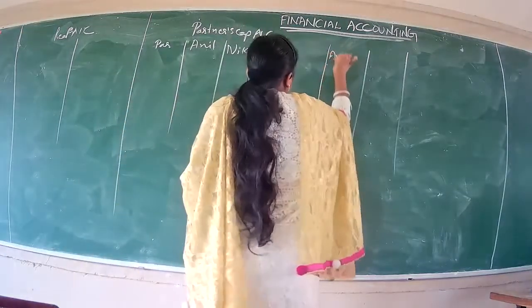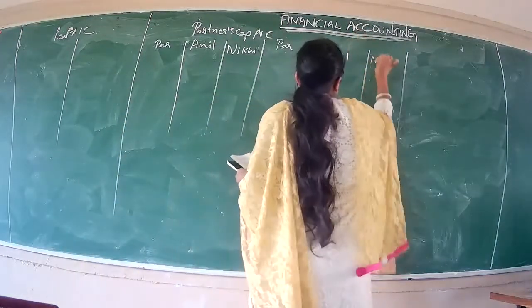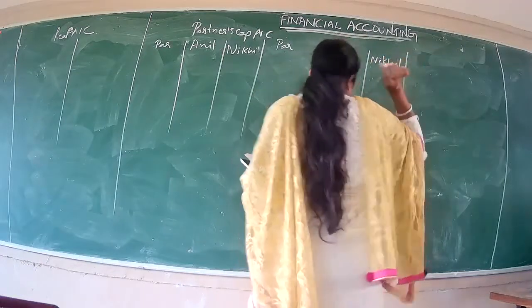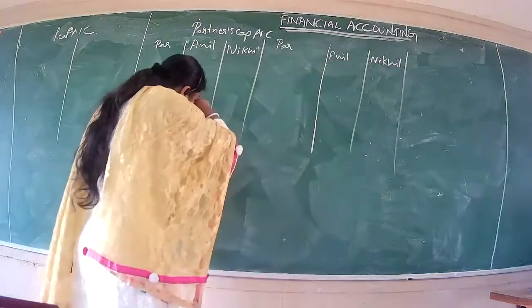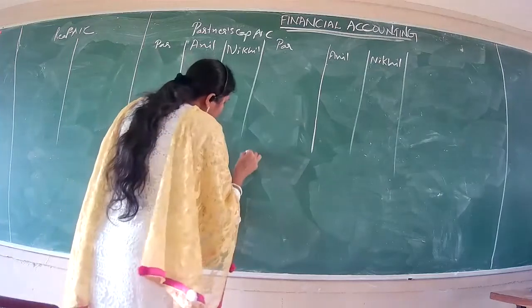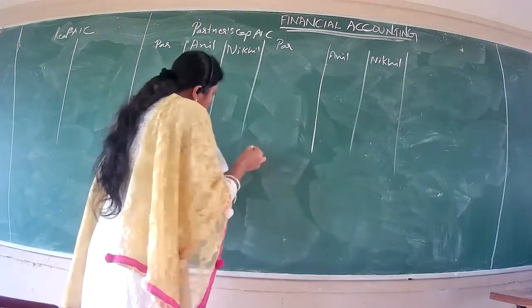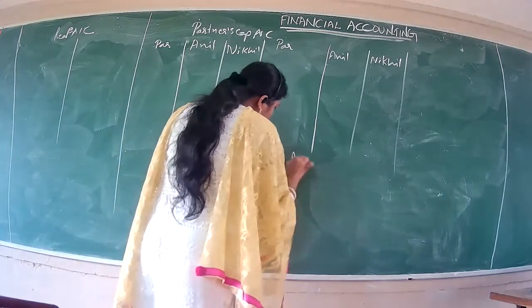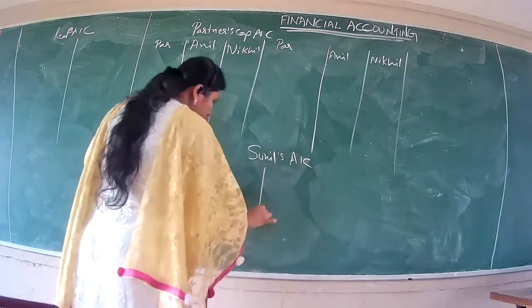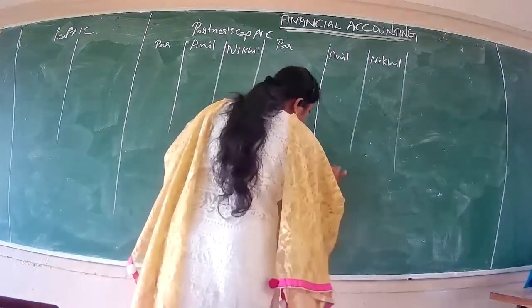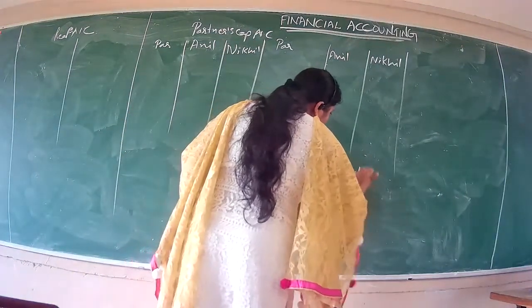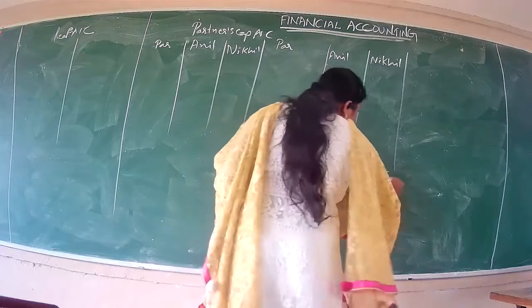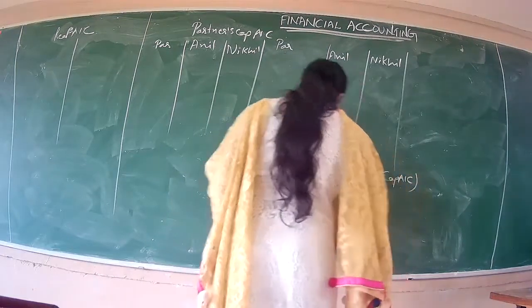So same on this side also, Anil, Nikhil. Okay, and then we'll prepare a separate account for the insolvent partner, that is Mr. Sunil. So Sunil's account also we will prepare, that will be your insolvent partner capital account. Fine.